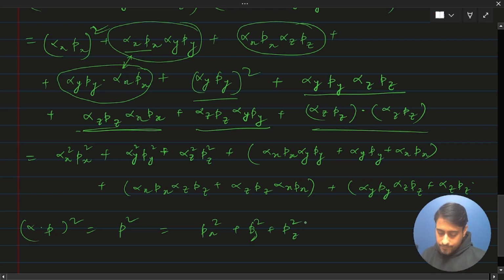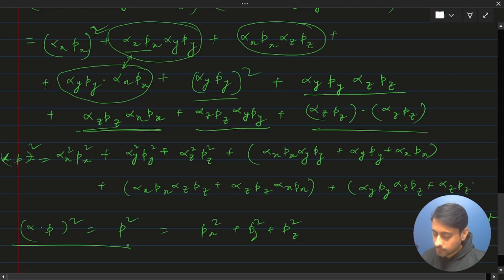So this is (alpha dot p) whole square. Okay, this term equals (alpha dot p) whole square, and this is also equal to p square from this.